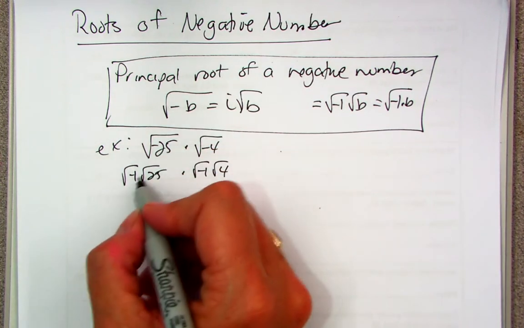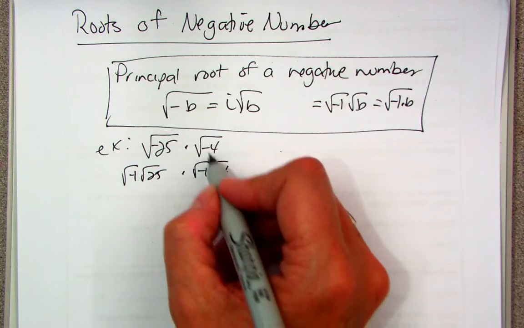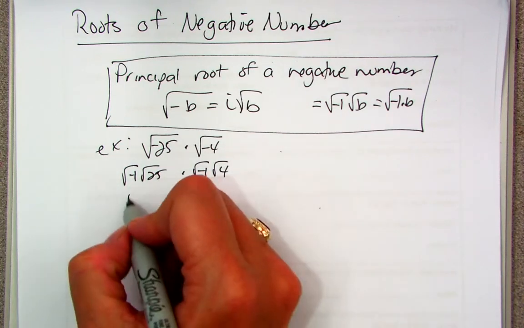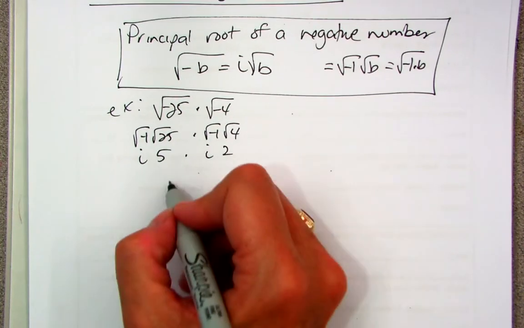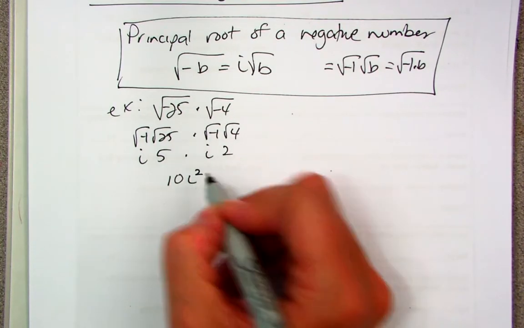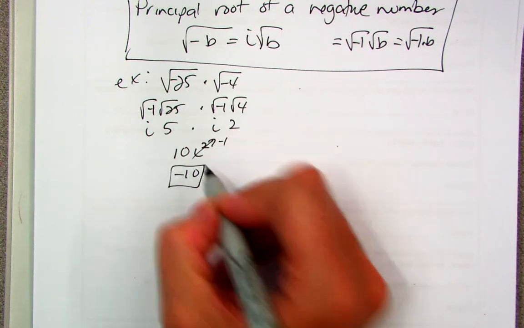I'm going to take out that -1: square root of -1 times the square root of 25, square root of -1 times the square root of 4. Well, this is an i, this is 5. This is an i, this is 2. That's 10i squared, -10.